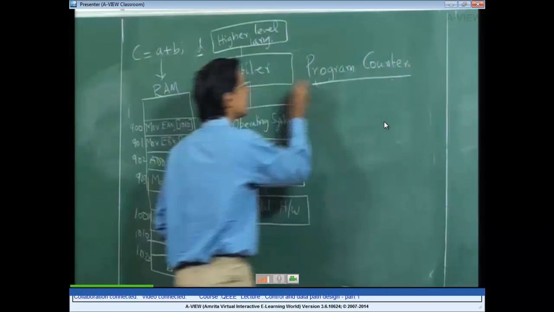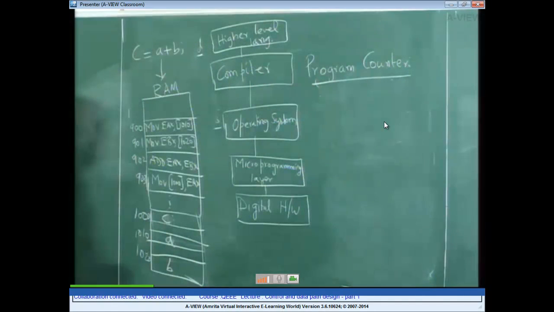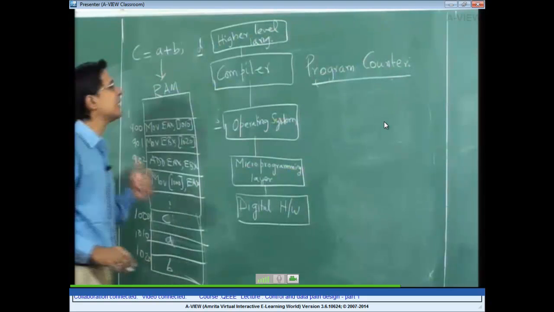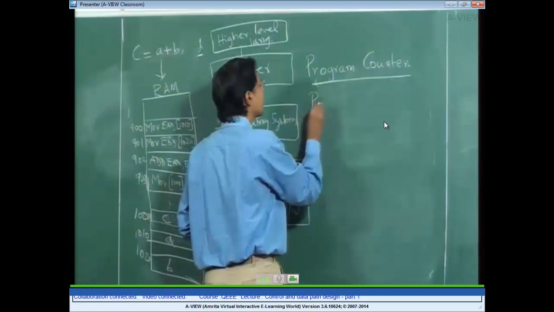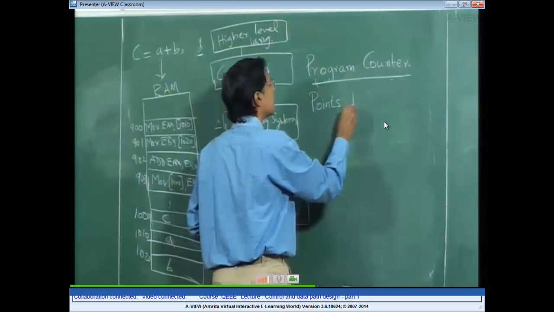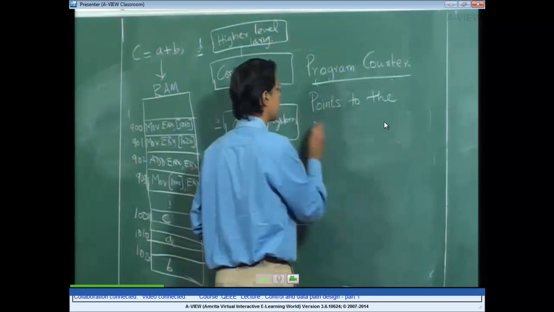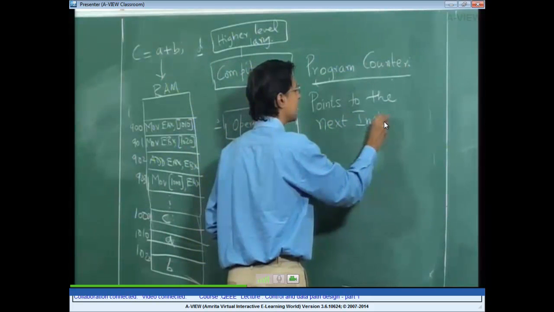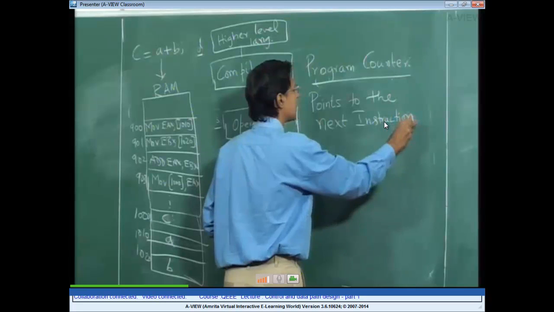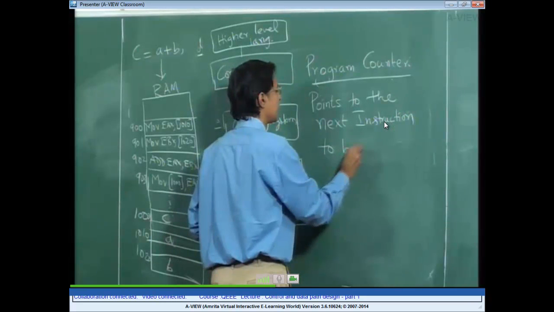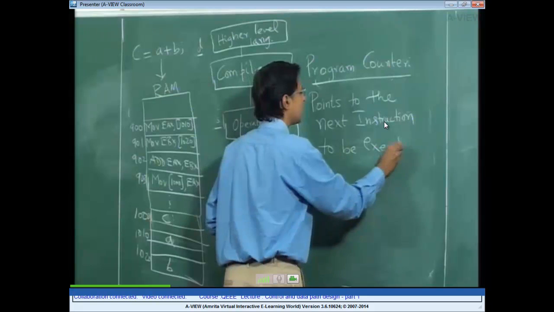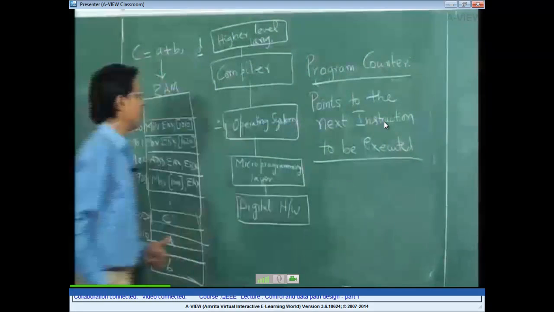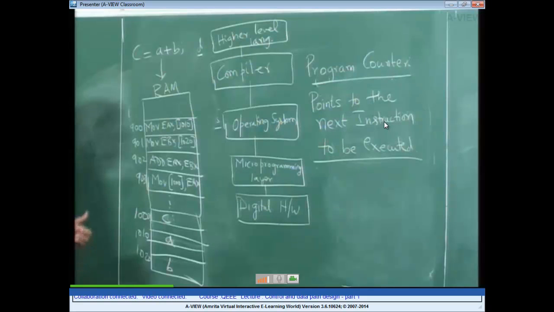The program counter points to the next instruction to be executed. So initially when the program is to execute, the program counter will point to 900.